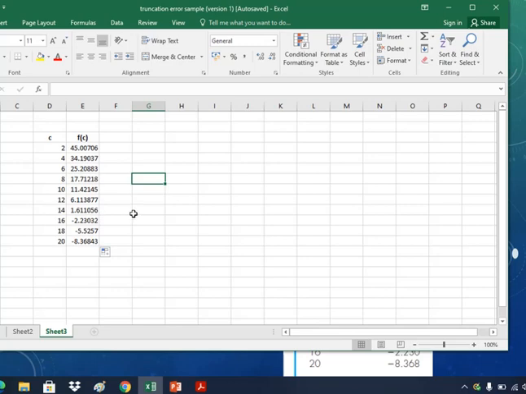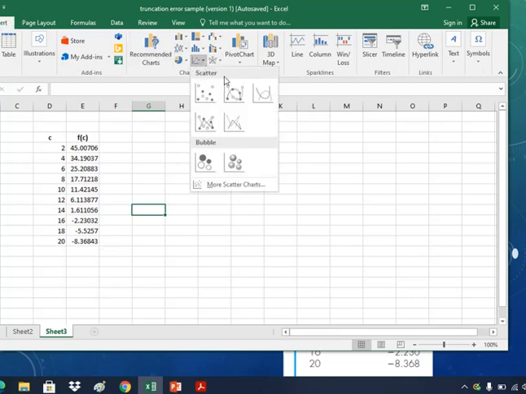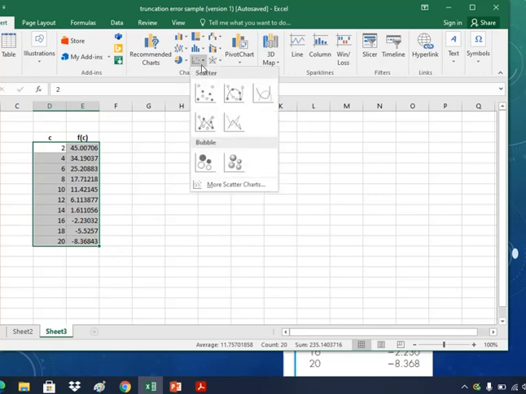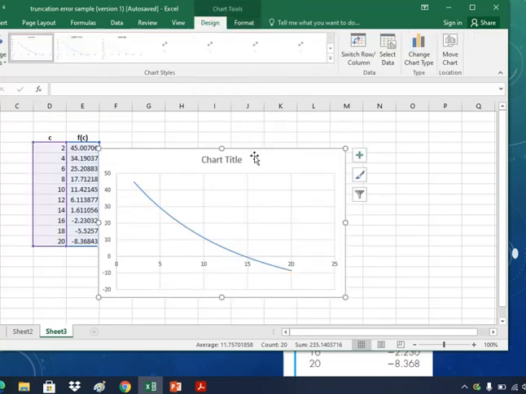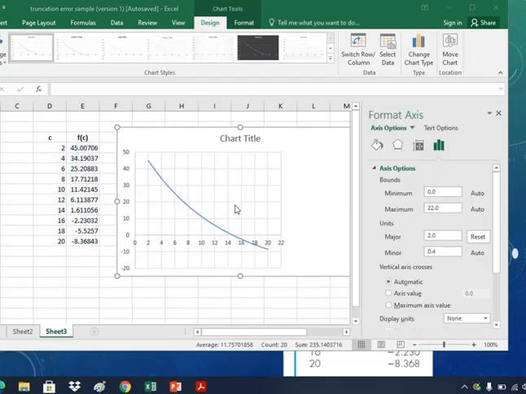So what we will do next is graph natin. So insert graph. So the x and y. Insert. So base sa graph, in-adjust ko yung x value. Okay, so base sa graph, ang roots of equation is nandito na part between 14 and 16.